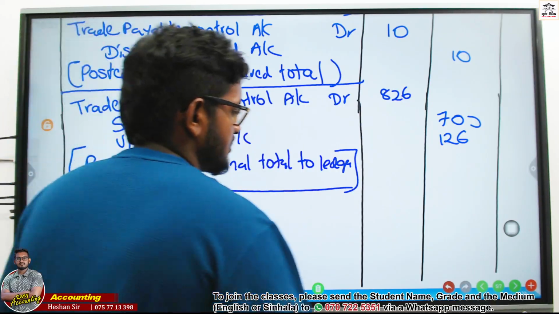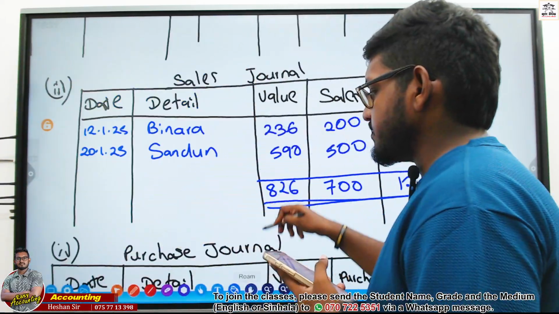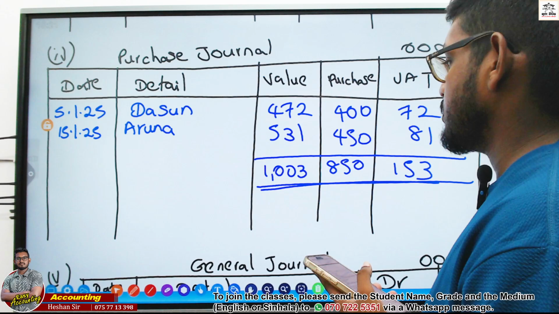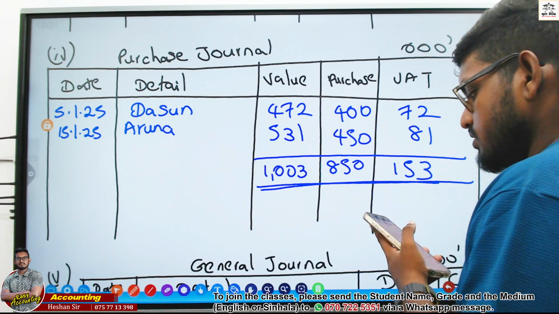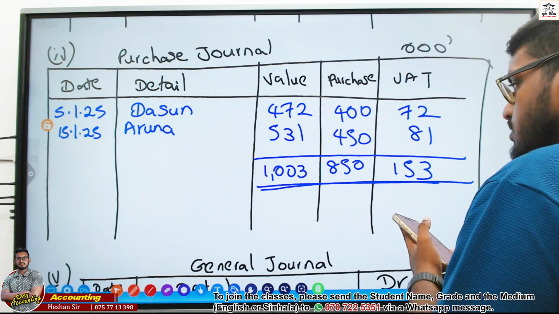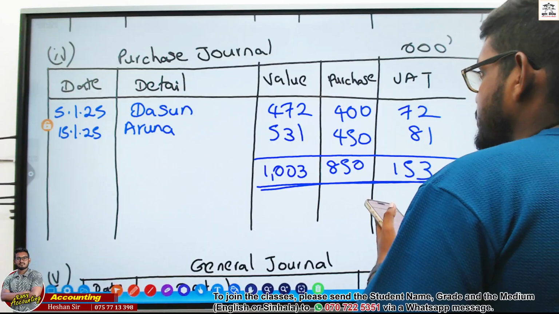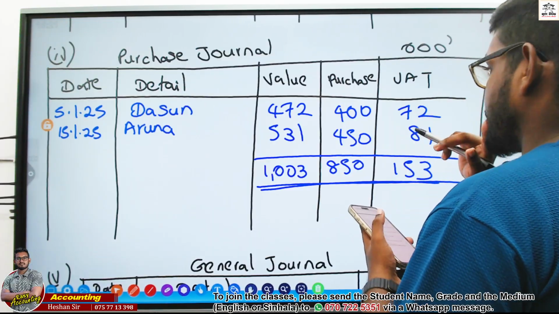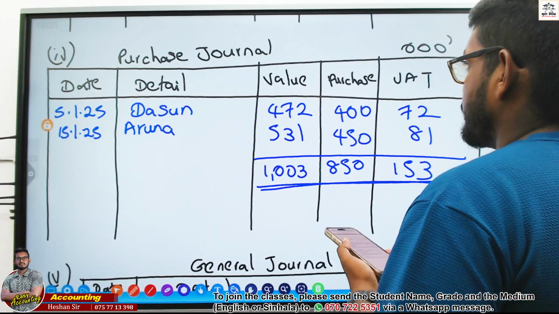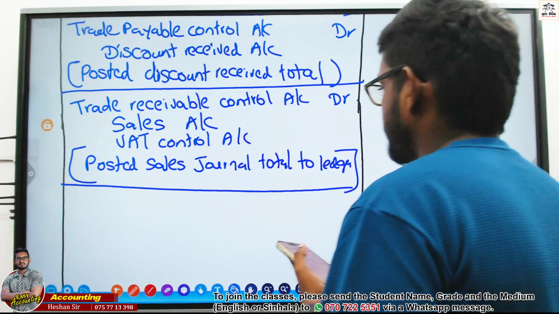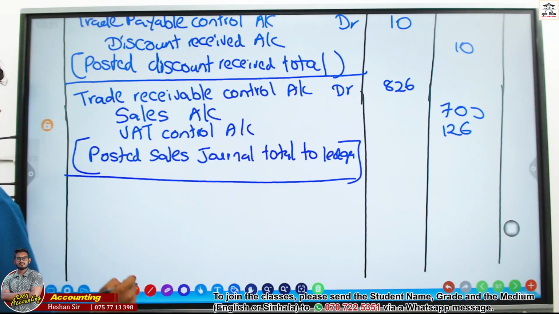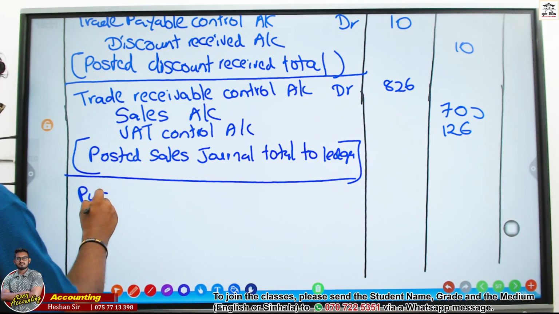Then purchase journal, we have put it as a double entry. Right? Can you hear me? Right? In the purchase journal the columns differ, so remember the columns. Purchase account debit 850.